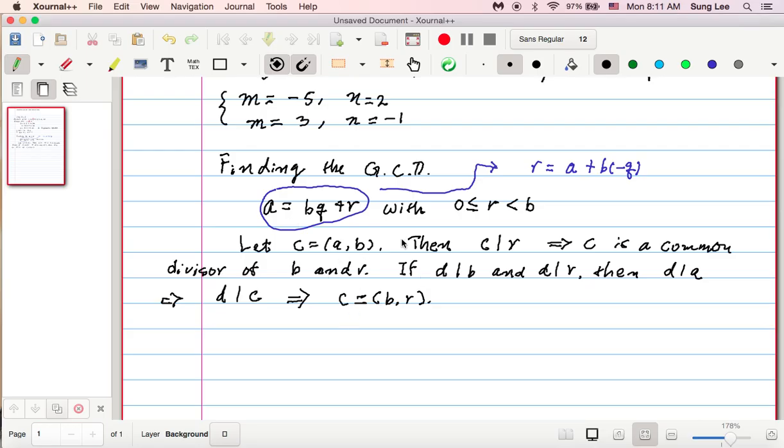The thing is, we can continue this process, because these numbers may still not be small enough for us to find the GCD. We can continue this process, as you can see from an example.